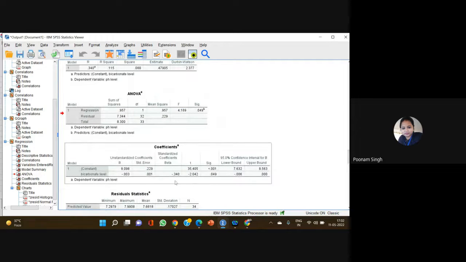Okay, minus 0.003. So now you can write your regression equation as y equals, this is your constant, that is A, 8.098, minus 0.003. Without going into the other details of this table, we will stick to the constants that we need for our regression equation.